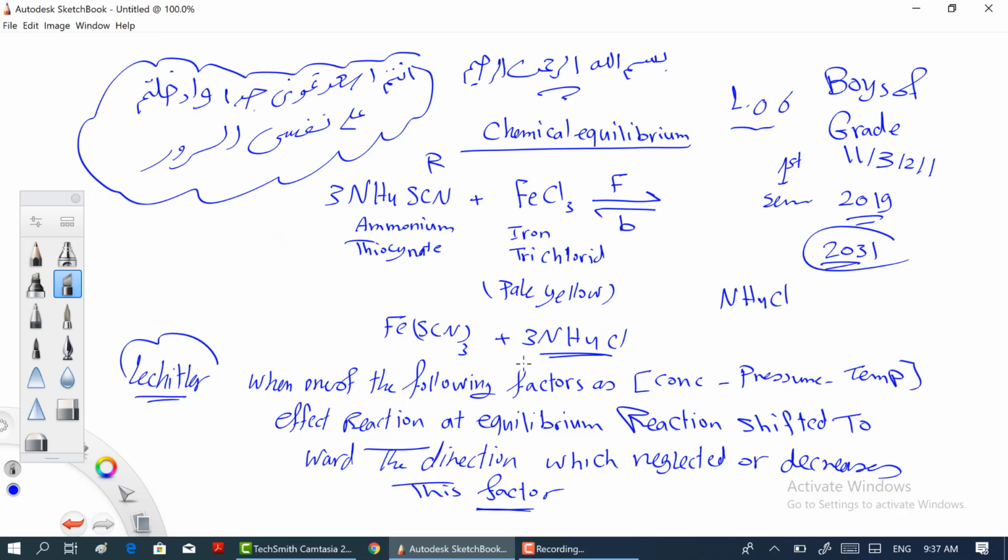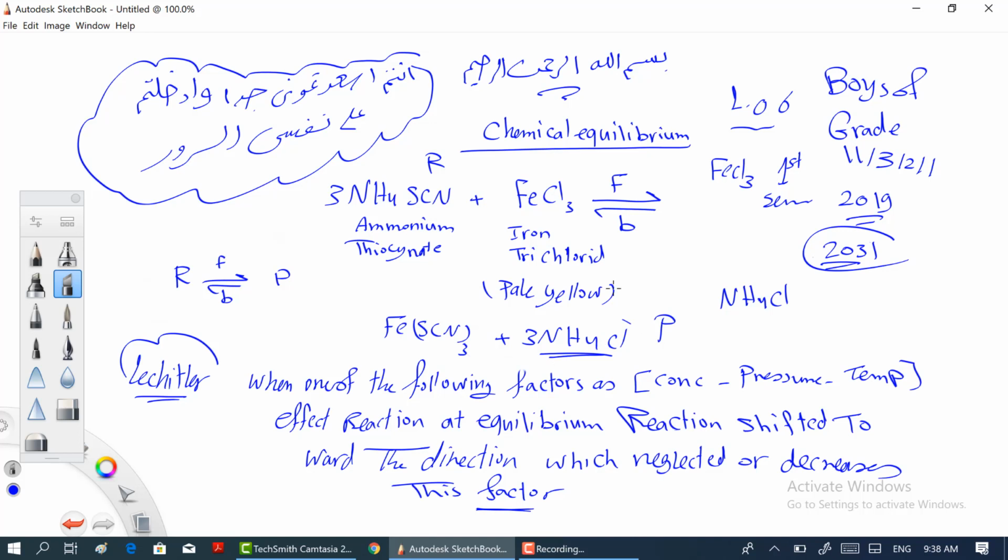But what happens if we add an excess FeCl3? We will find the reaction shifted away from the reactant direction toward the product direction. Reactant direction means backward. Product direction means forward. So we have reactant and product in this reaction, forward and backward.